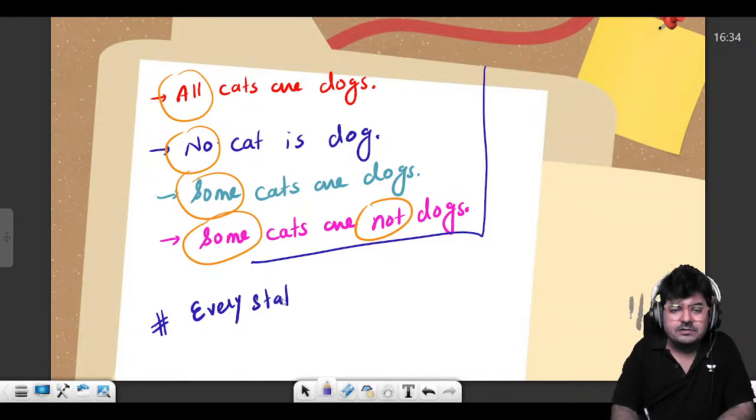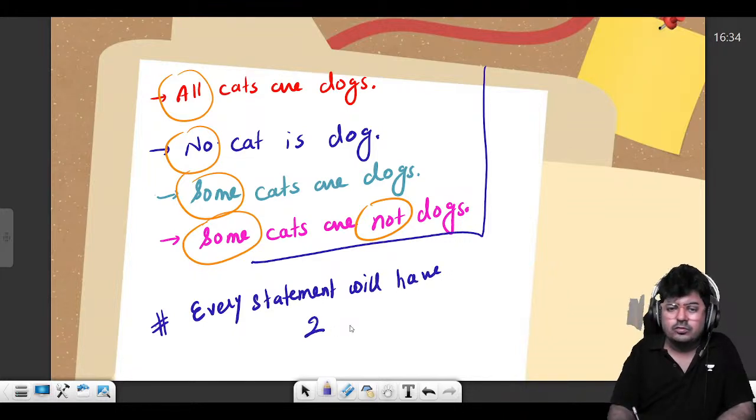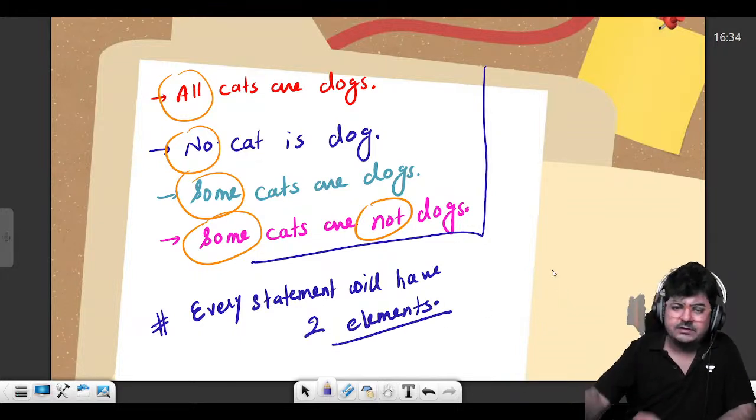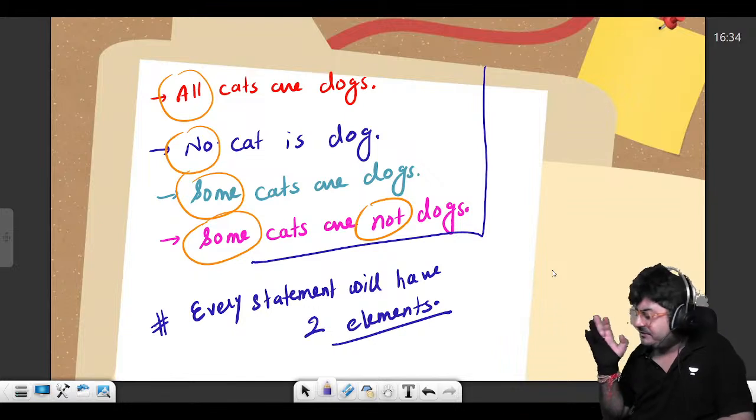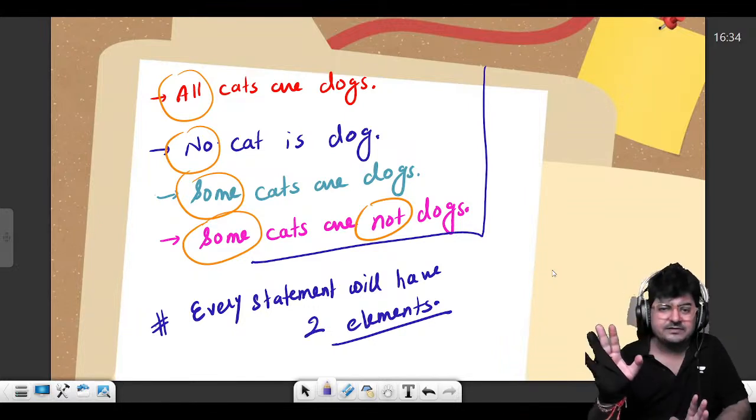Every statement will have two elements, not more than that, not less than that. Every statement will have two elements, for fixed. This is fixed.